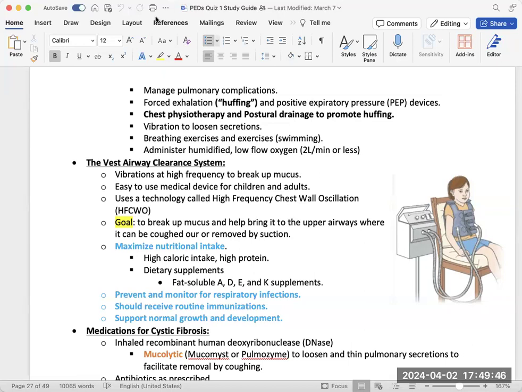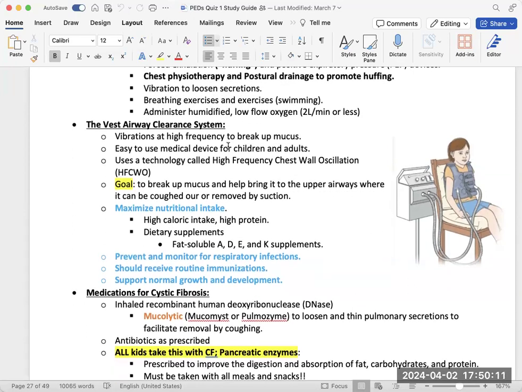Chest PT and postural drainage really promote huffing. So remember, huffing is this idea that we're forcing things out, and we use chest PT and postural drainage to help with that. We could even do vibrations to loosen secretions, breathing exercises, and swimming can also help with removing secretions, as well as humidified air and low flow oxygen of 2 liters per minute or less.